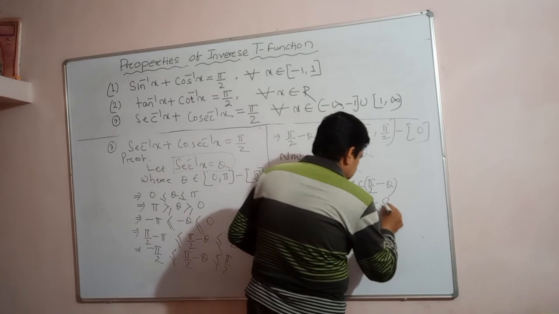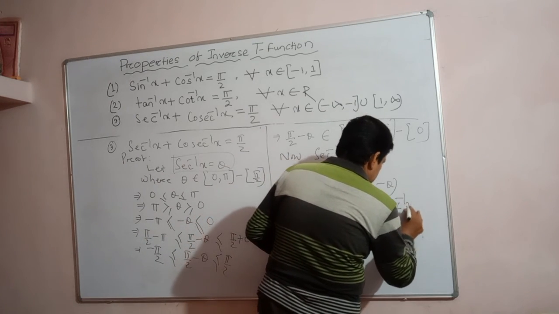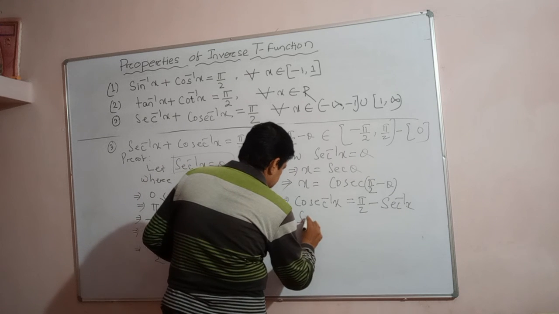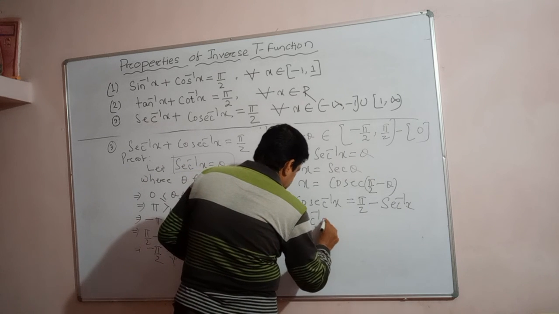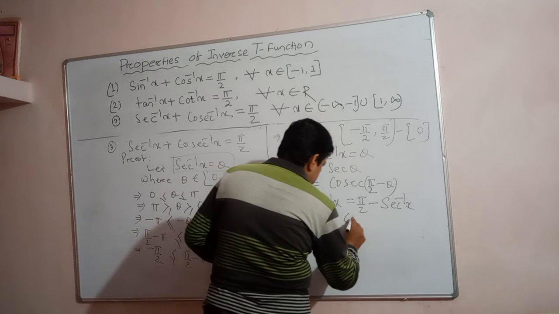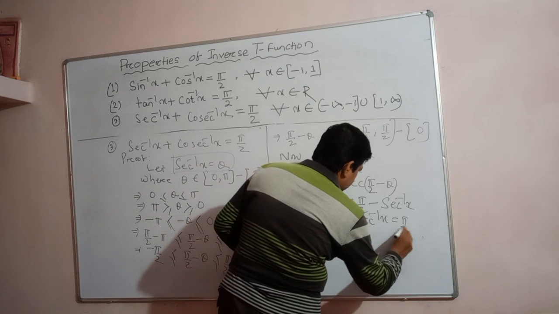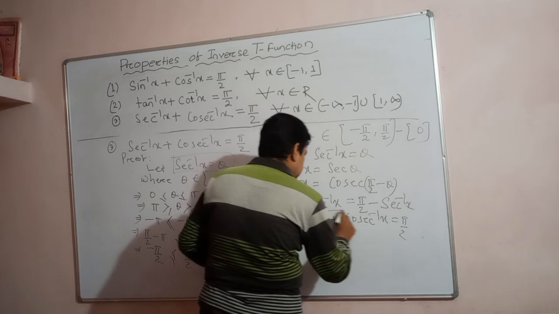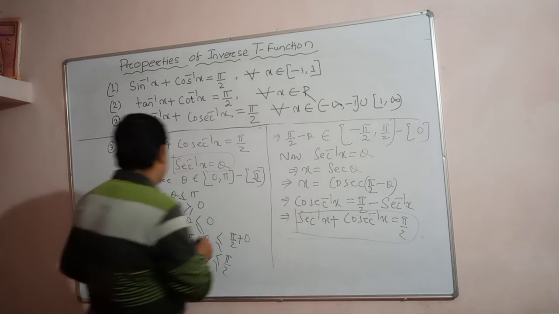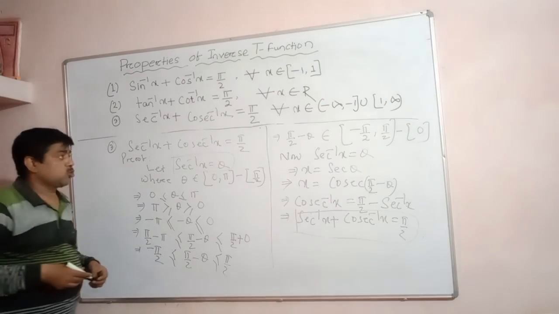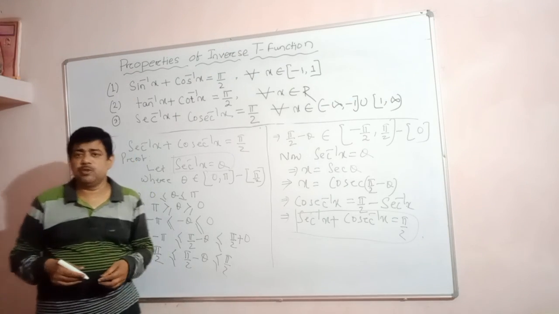With a similar transposition, sec inverse of x plus cosec inverse of x is equal to pi by 2. Thus we get the third property, that sec inverse of x plus cosec inverse of x is pi by 2.